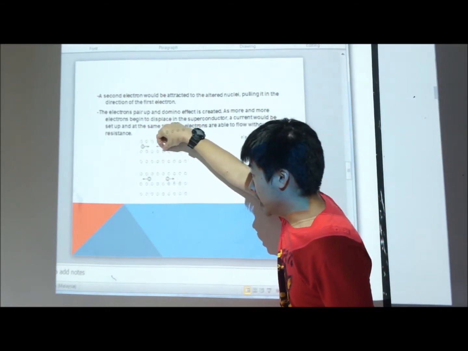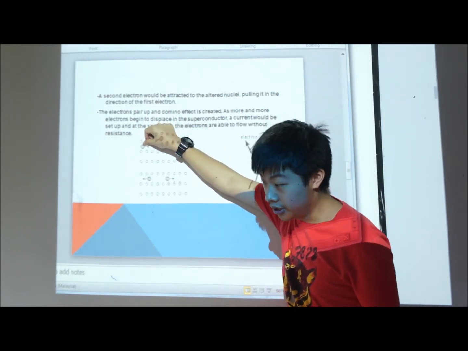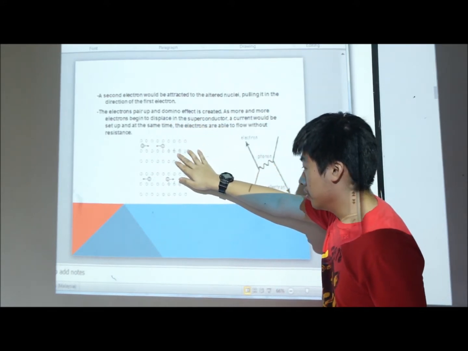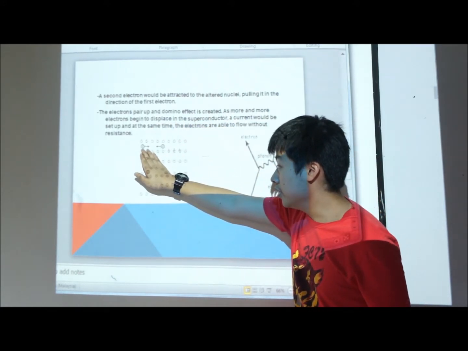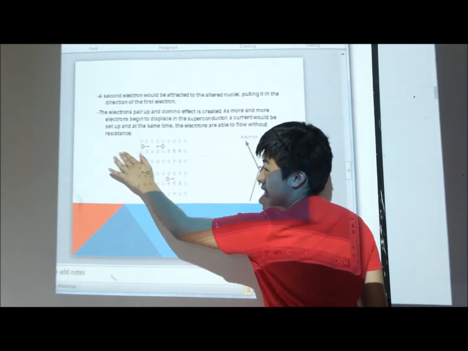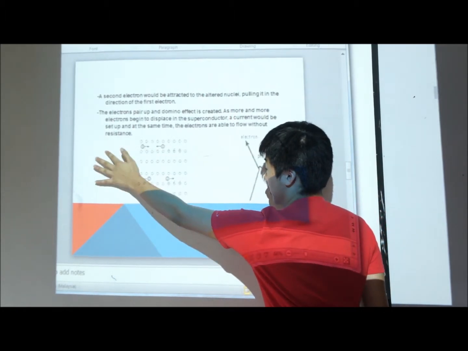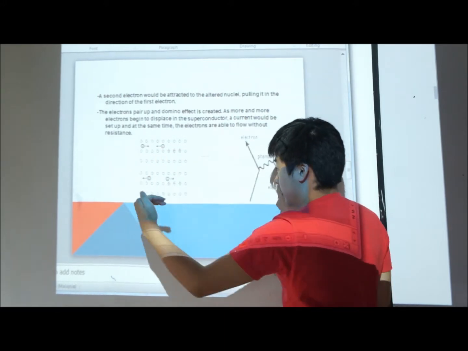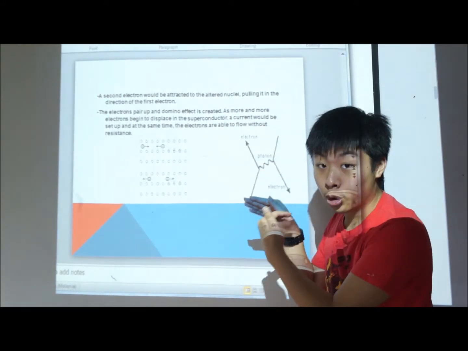So it attracts the second electron right over here, and this proton goes up, this gets attracted in this direction, and there will be more lattice right here, attracted in that direction. So two electrons go past each other with no resistance.